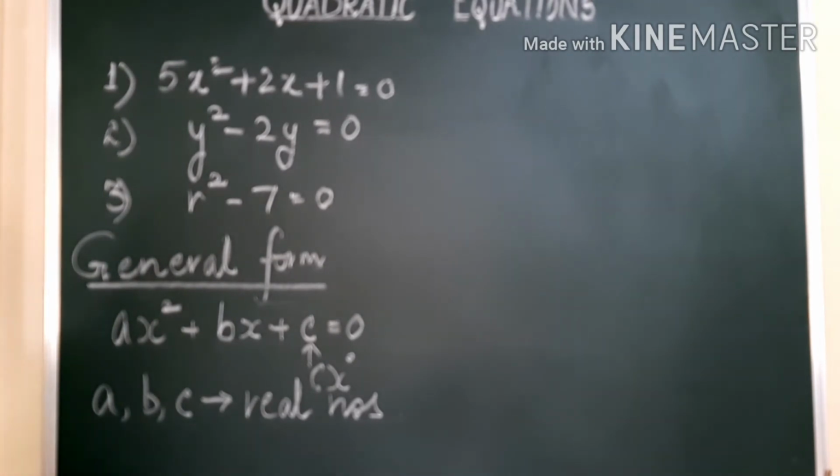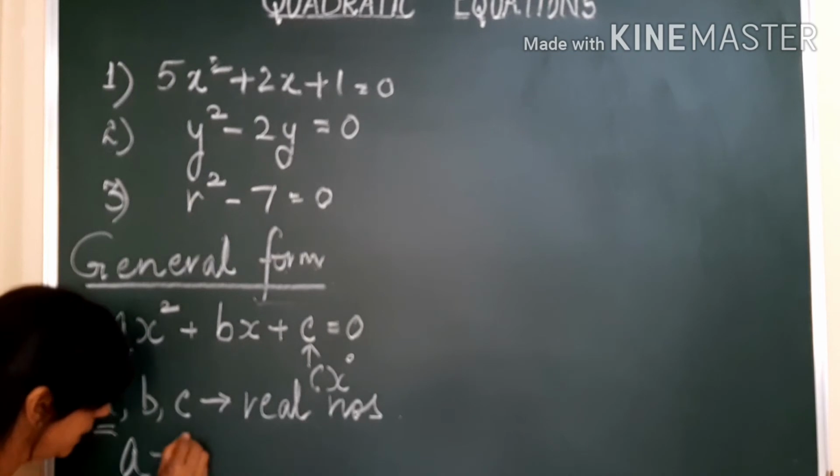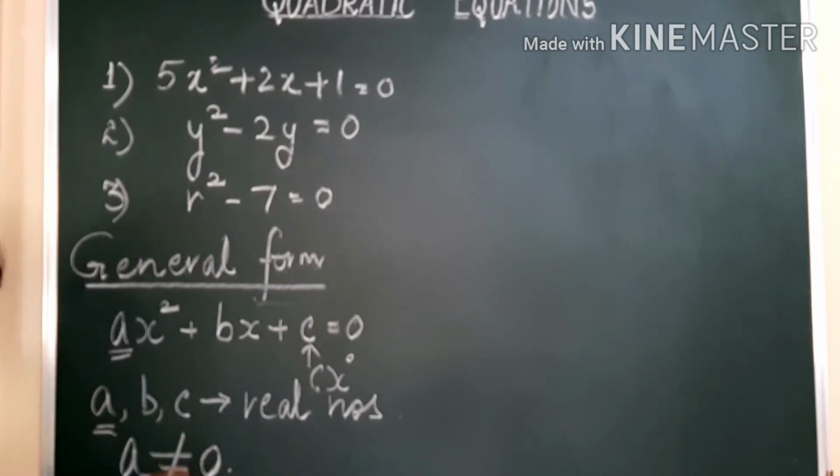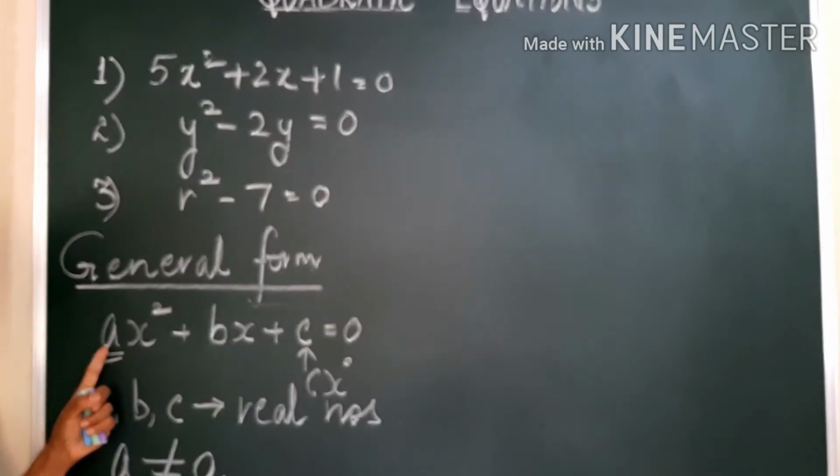The condition over here is that a should never be equal to 0. Now let's understand, children, why this condition is there. Let's think otherwise. If a is 0, then what happens, children? 0 into x squared is what? 0 into any term is always 0. So what happens to this term?